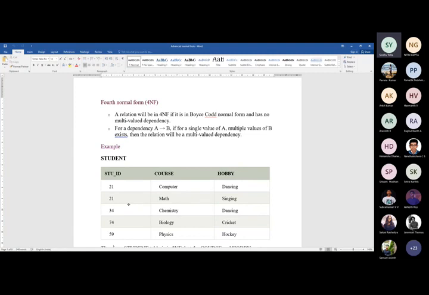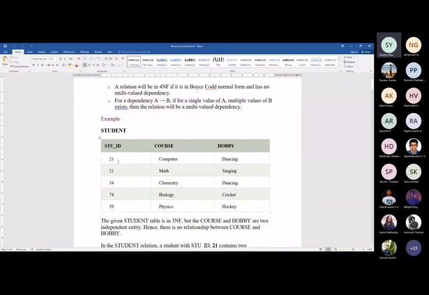Here, there exists multi-valued dependency between the attributes student ID and course. Similarly, there exists multi-valued dependency between student ID and hobby. If you look into this table, for a relation to be in 4NF, there should be at least three attributes. Due to this multi-valued dependency, some additional records will also be created. For example, consider student 21 is studying a course computer and mathematics, and his hobbies are dancing and singing.